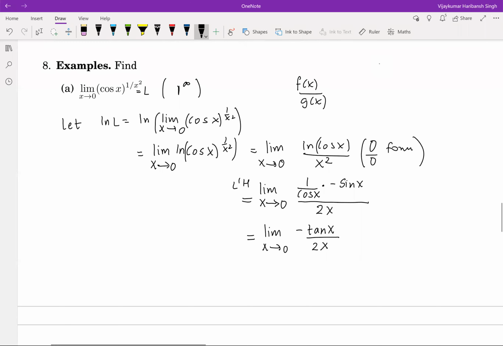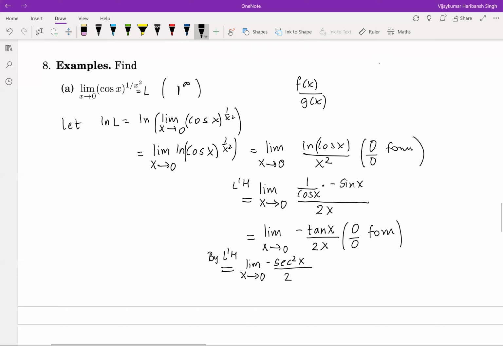Now this is again of the form 0 over 0, right? Because tan 0 is 0, and when you put 0 in the bottom, you get 0. So I can again apply L'Hopital's rule. So this is going to be the limit as x goes to 0. Now the derivative of tan is secant squared. So this is going to be minus secant squared x over the derivative of 2x, which is 2.